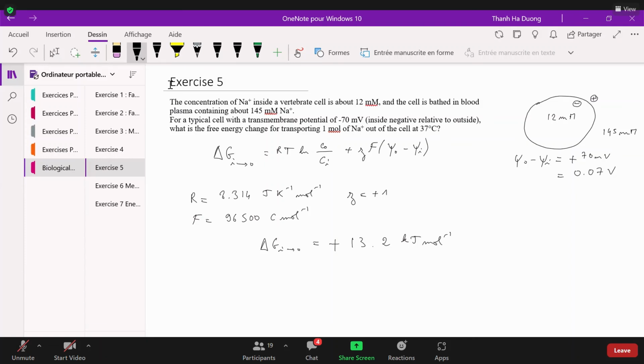So the most important is the sign of the delta G. Delta G is positive, so it's not allowed. It's not a spontaneous reaction. We need energy to permit the transport of sodium from inside to outside. Okay?